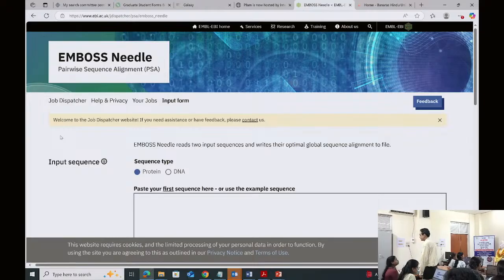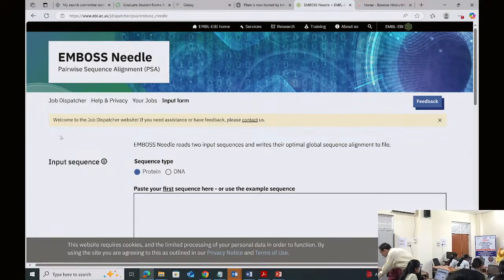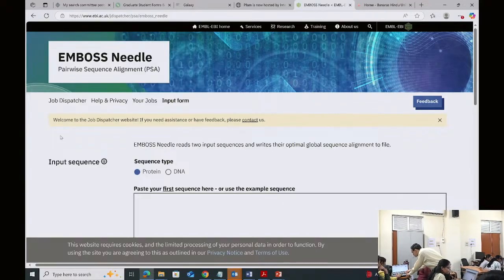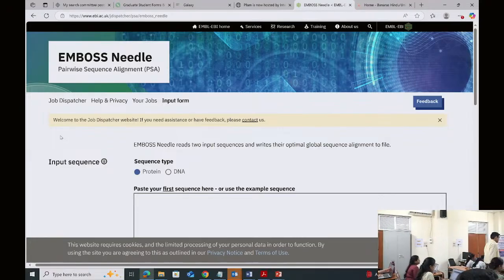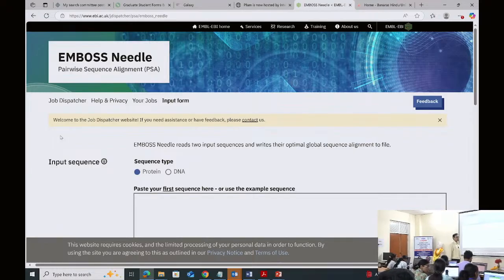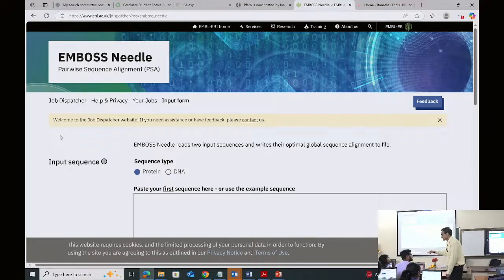Okay, good. Perform local. Done? Okay, good. Can you show me the parameters? Yeah, the matrix. Okay, it is good. Go to Smith-Waterman now. Myoglobin and not hemoglobin, beta globin.